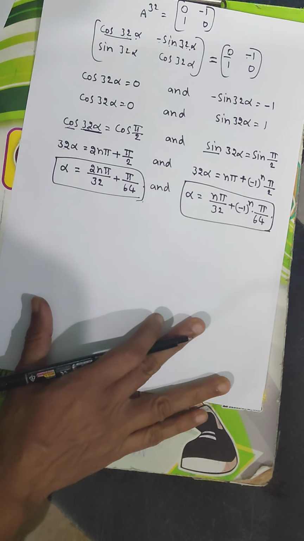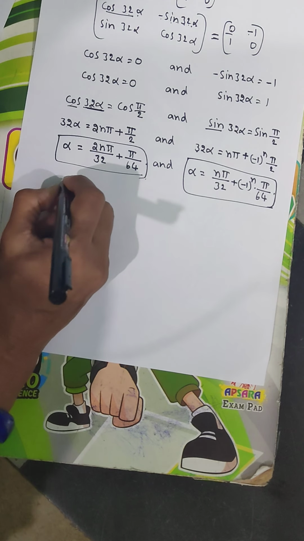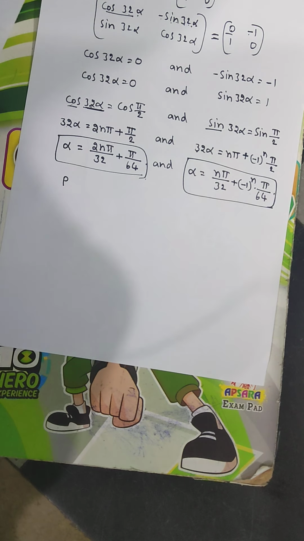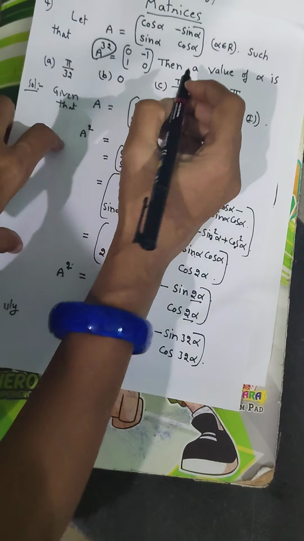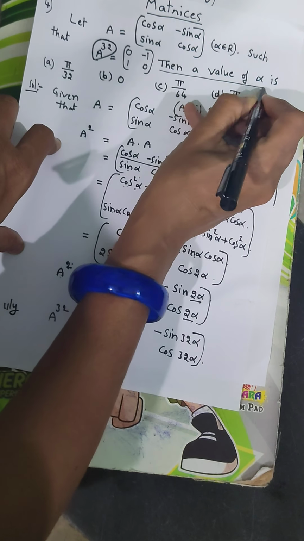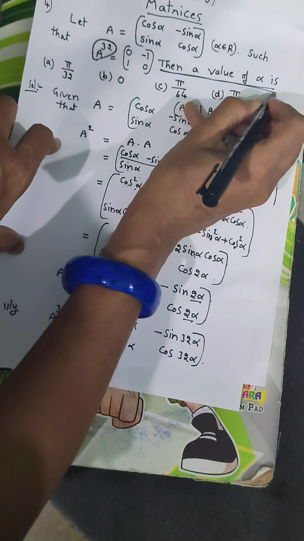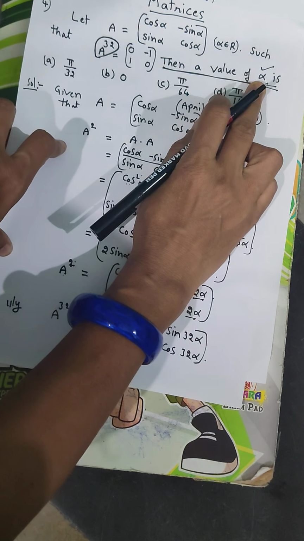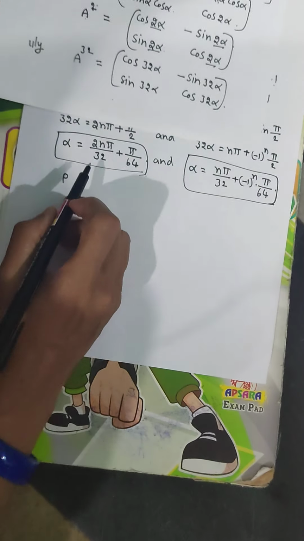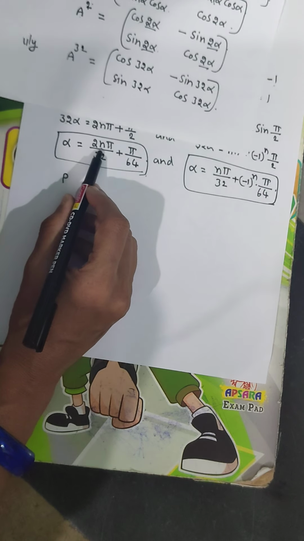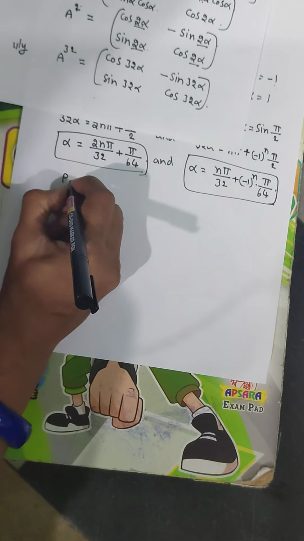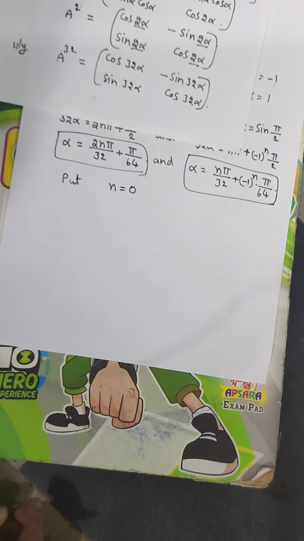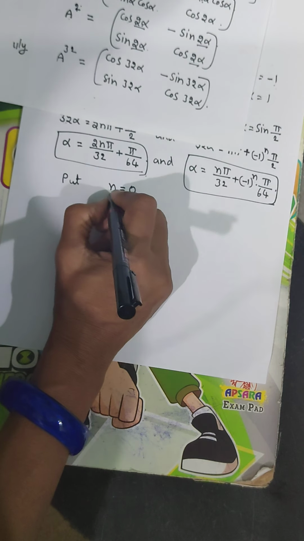To determine the value of alpha, we take values for n. Put n equal to 0.